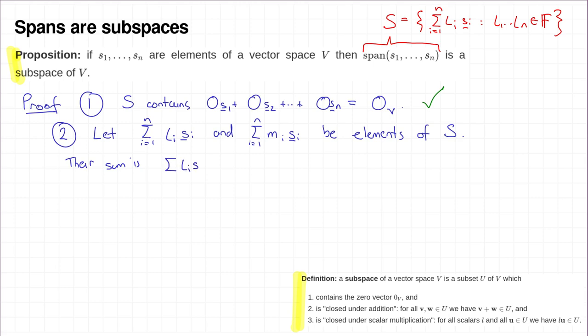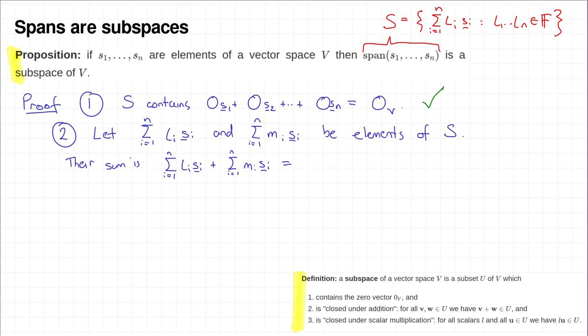So the sum of the Li Si's plus the sum of the Mi Si's. Okay, but in a vector space, you can do all the ordinary manipulations with vectors which you would do with column vectors. In particular, what you can do is just collect the terms in S1 and S2 and S3.